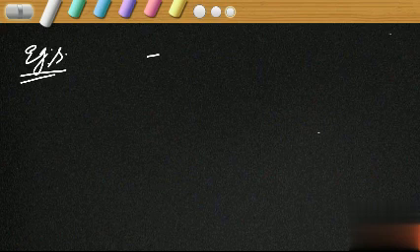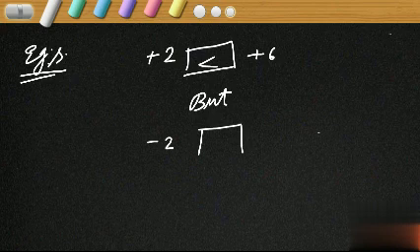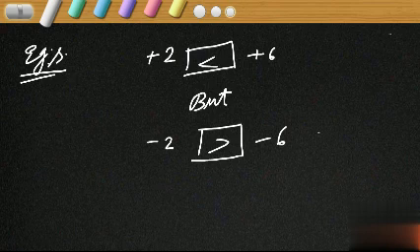So write some examples. +2 is less than +6, but -2 is greater than -6, isn't it? -2 is on the right side of -6. Okay, this is the first example.